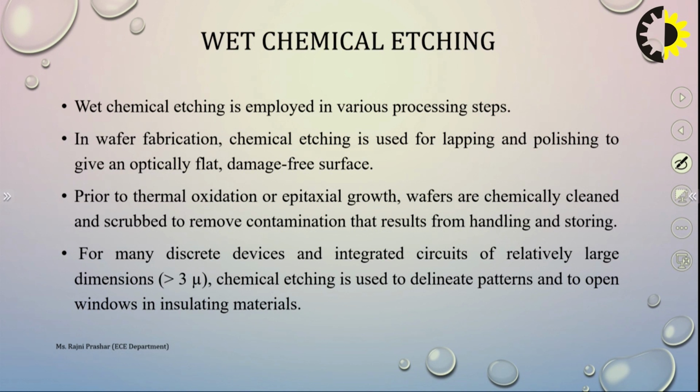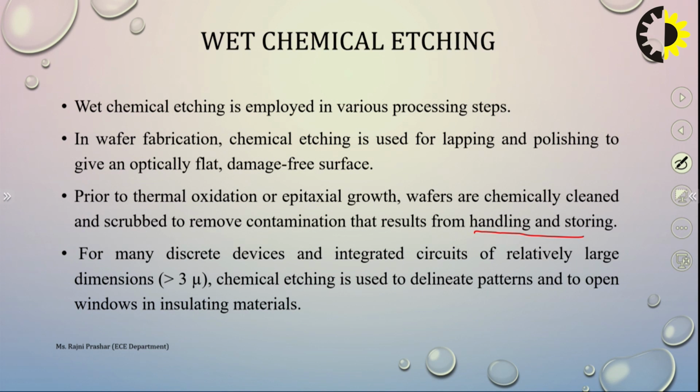When the silicon ingot is formed and cut into slices, those slices are then polished and lapped so that we have a very optical flat surface which will be damage free. And prior to thermal oxidation or epitaxial process, these wafers are chemically cleaned and scrubbed to remove the contamination that results from handling and storing the wafers.